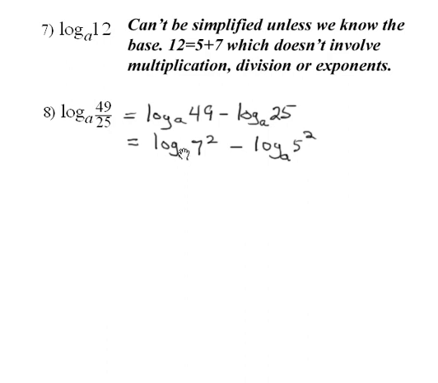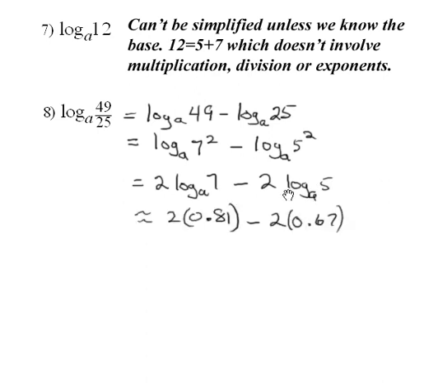So we're going to write this as the log of 7 squared minus the log of 5 squared. Again, logs turn exponents into multiplication. So the log of 7 squared is 2 times the log of 7 to that base. Log of 5 squared is 2 times the log of 5 to that base.